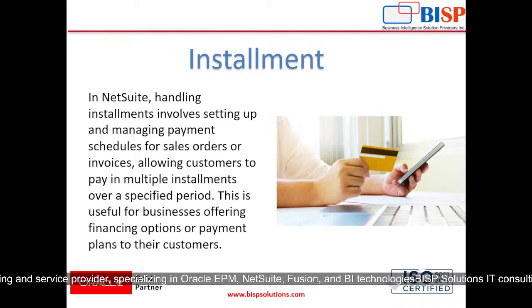Like, taking an example, if you are selling an item for around 1,20,000 and you want to offer a 4-month installment plan where the customer pays 30,000 rupees every month. So for 4 months it will be 1,20,000, right?